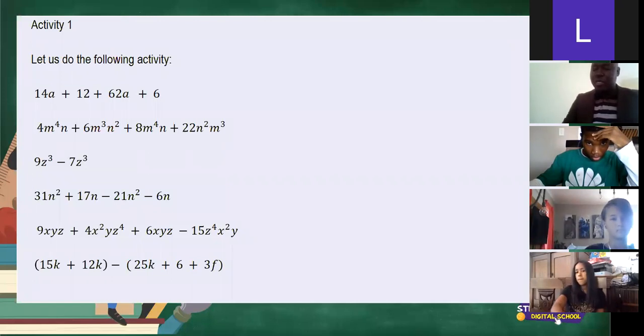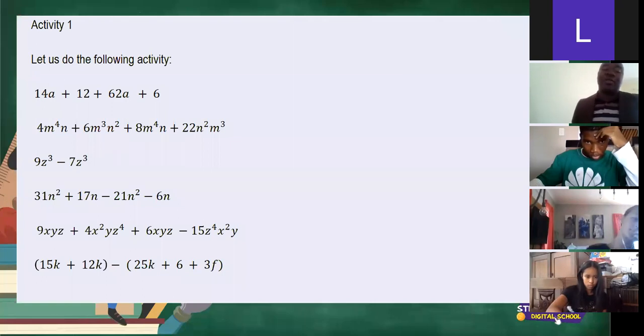So simply put, 9 minus 7. What is 9 minus 7? It's 2. So your answer will be 2z to the power of 3, or simply put, 2z cubed. So we are done with the third one now.